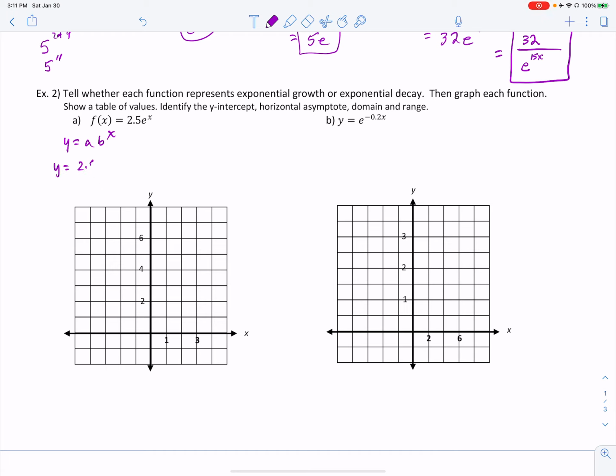Our a value is 2.5. And our b value is approximately 2.7, right? And so b is greater than 1. So this is going to be exponential growth.